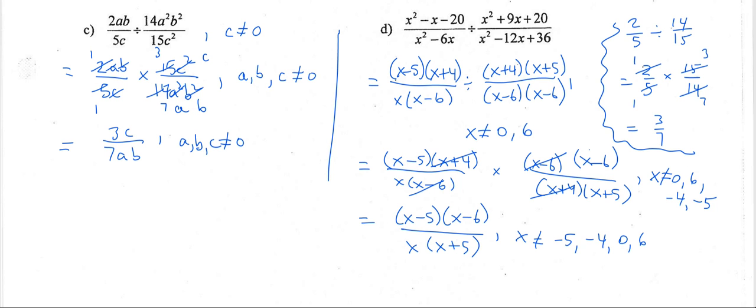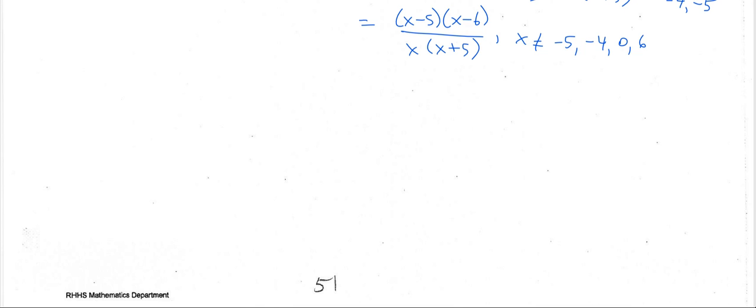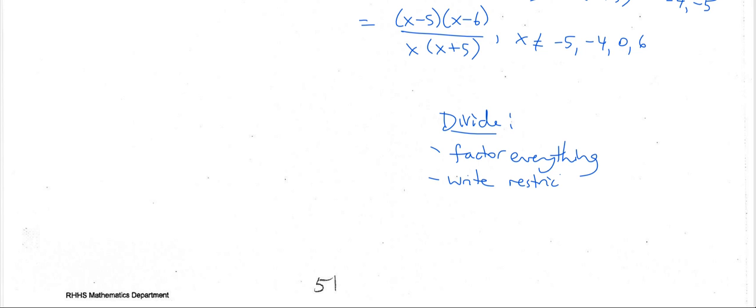Okay, so just to recap, your steps for simplifying when you divide, it's a little bit more steps. The first thing you do is you factor everything. Then you write the restrictions. Then you take the reciprocal.